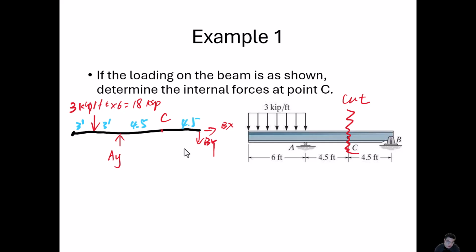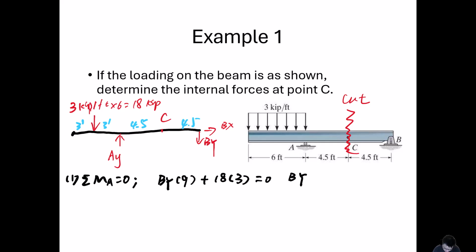Let's solve the reactions first. Sum of MA equals 0: By times 9 plus 18 times 3 equals 0. We can solve By.